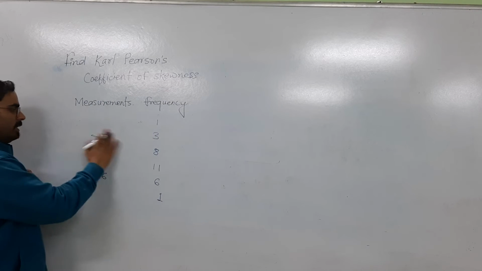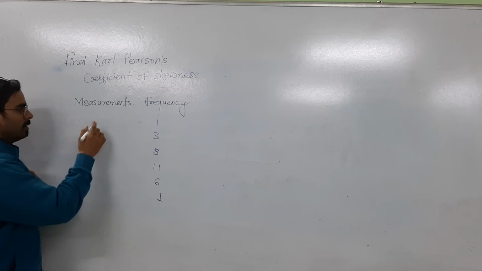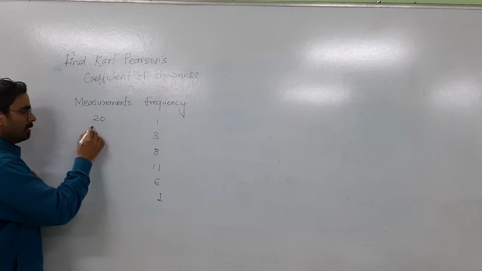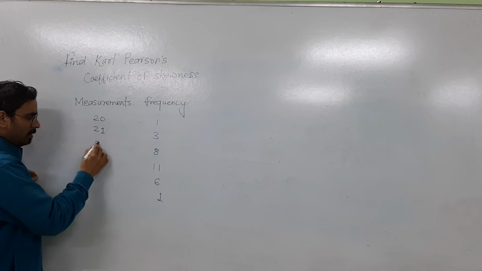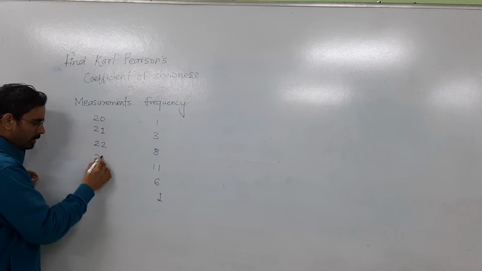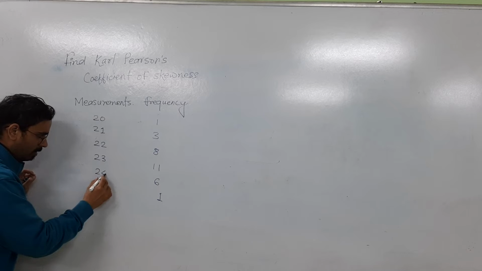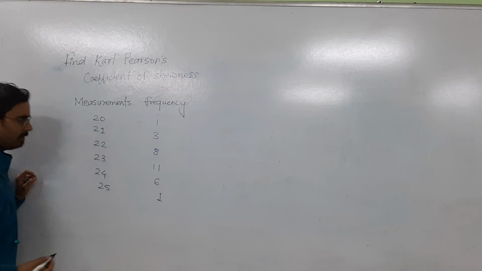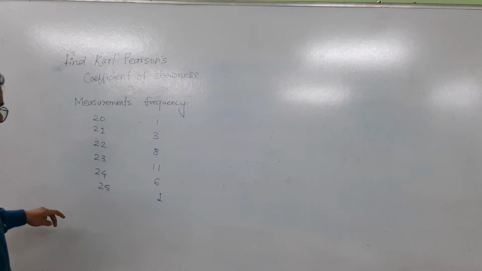Okay, we will take from 20. So 20, 21, 22, 23, 24, and that will be 25. Okay, this is our example.